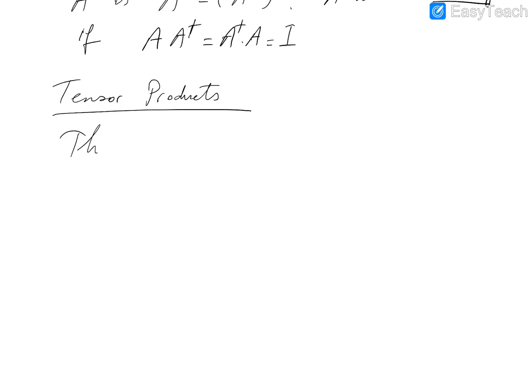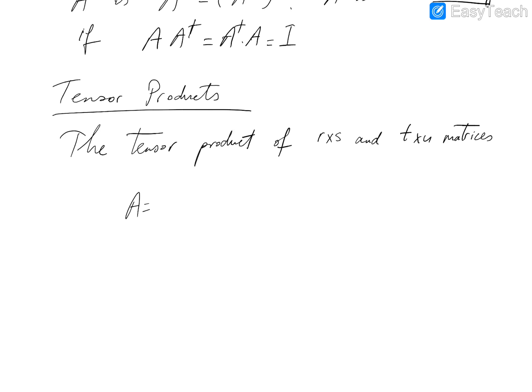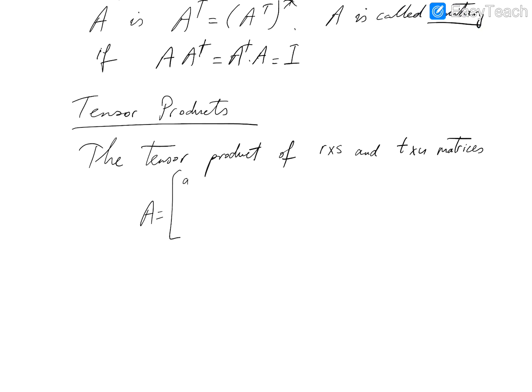So the tensor product of, let's say, R by S and T by U matrices. So given two matrices, one is of dimension R by S. Okay, so this is A11, A12, A1S, A21, up to ARS.